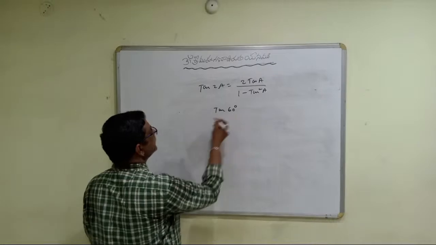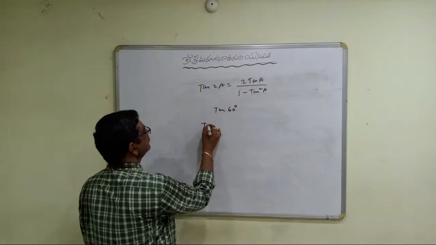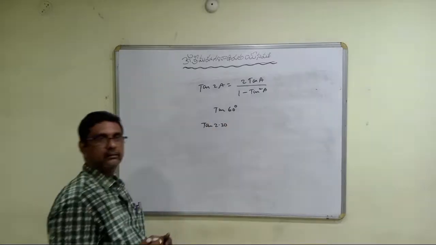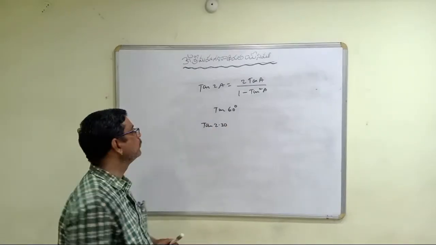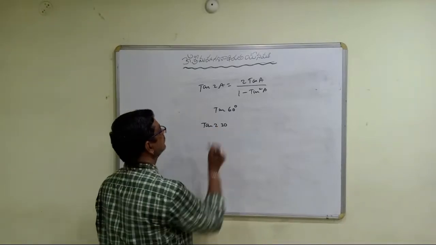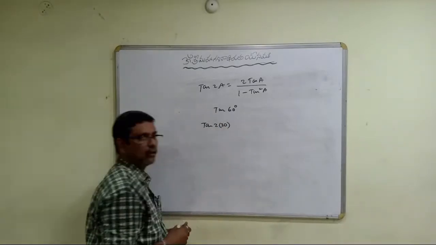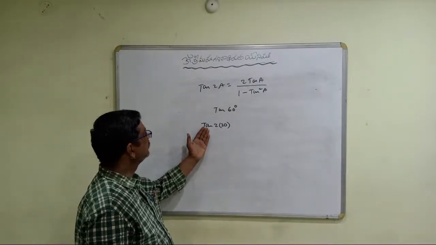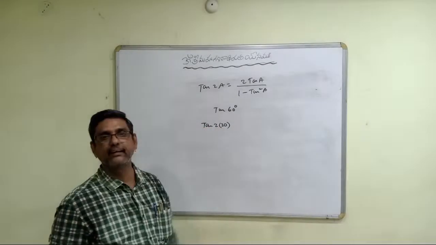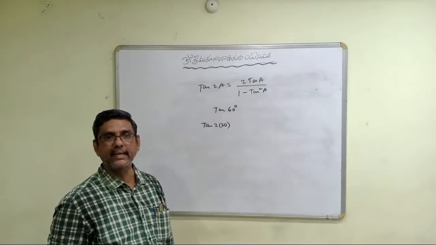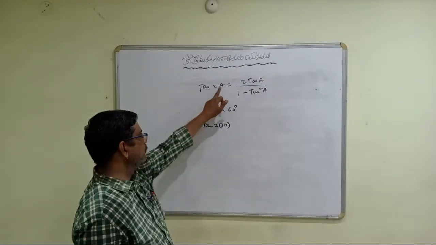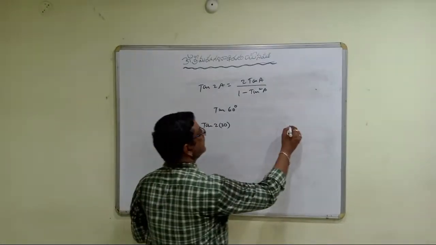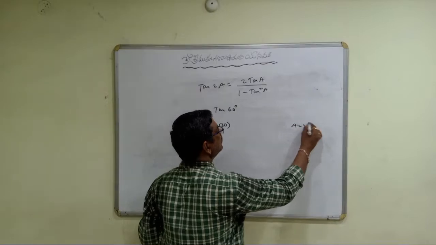I'll write tan 60 as tan 2 into 30. Now see, this is in the form of tan 2A, and A is 30 degrees.